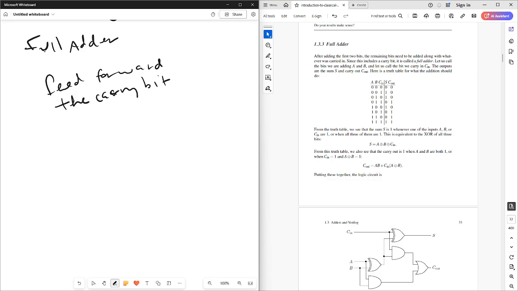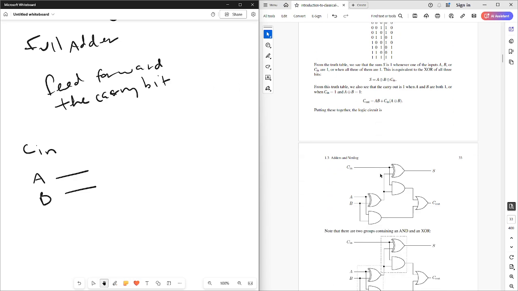So that means not only are we taking A and B now, which are our 2 individual bits in the position of the 2 binary values we're adding together, but we're also taking a carry in, which will be used in there. So let's work through here according to the diagram. Just draw this in here and explain these as we go.